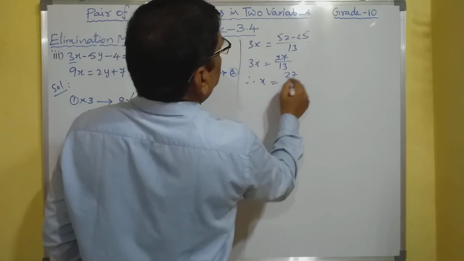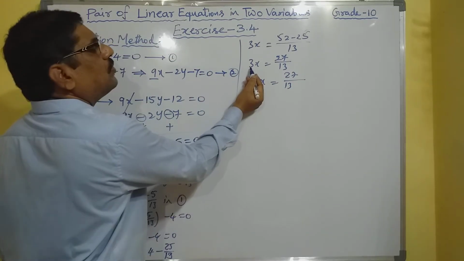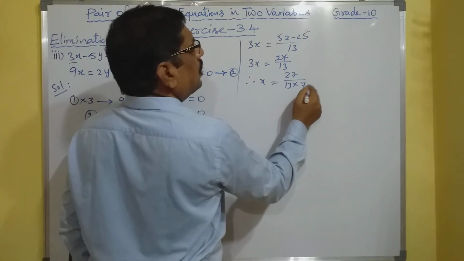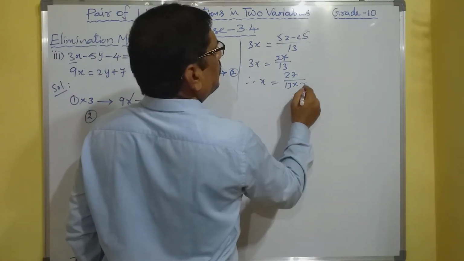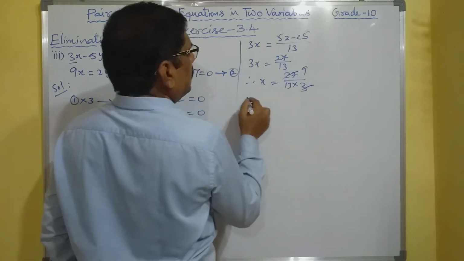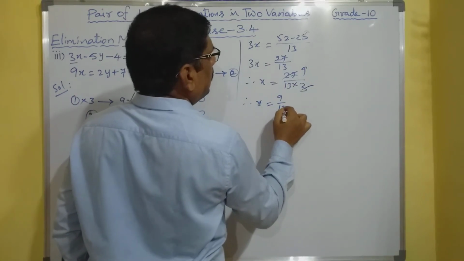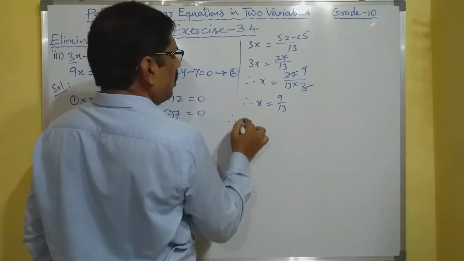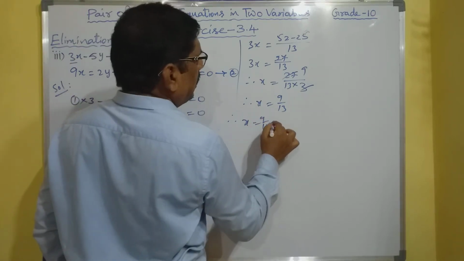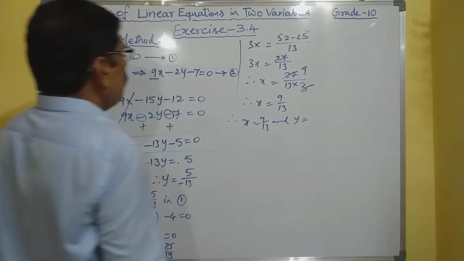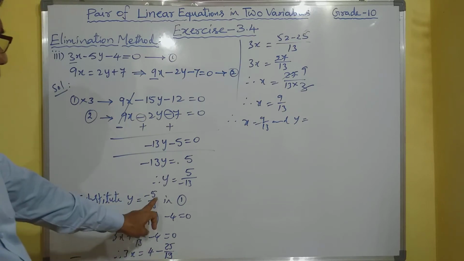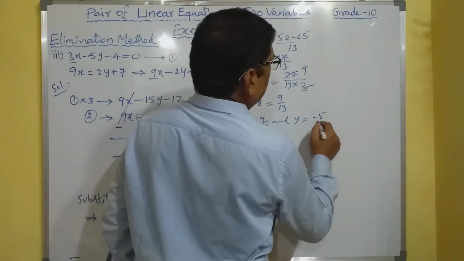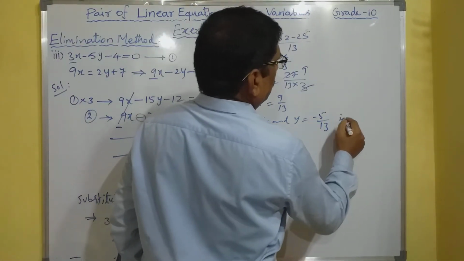So, this 3 if you transpose to RHS, it will go to the denominator, 27 by 3 is 9. Therefore, x is equal to 9 by 13 and y is equal to minus 5 by 13 is the solution.